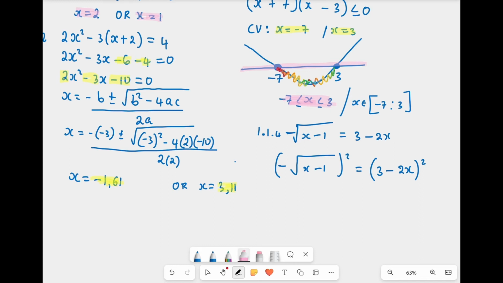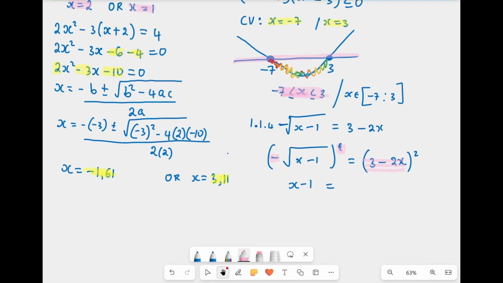And then from here, if the exponent is an even number, this negative will always go away, because negative times negative is always positive. And then squared will reverse the square root. So I will remain with positive 1 multiplied by x minus 1 is equal to, now, if I square this, remember squared means the bracket exactly as it is repeated twice.